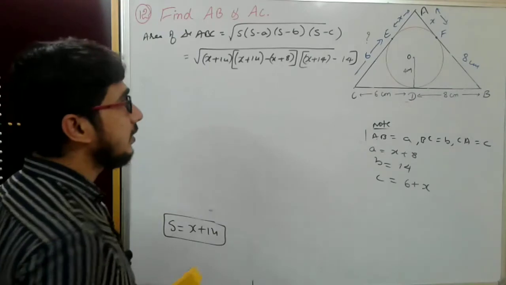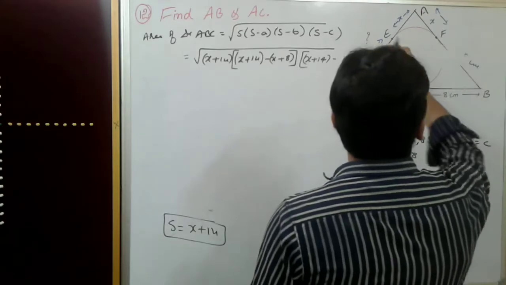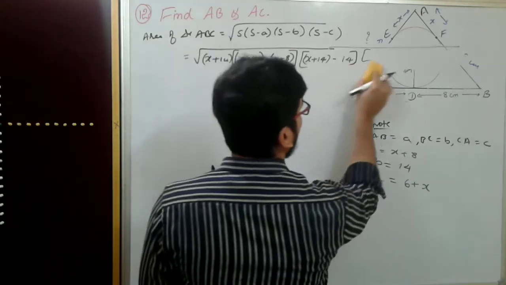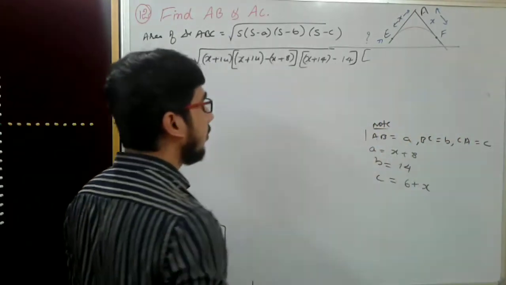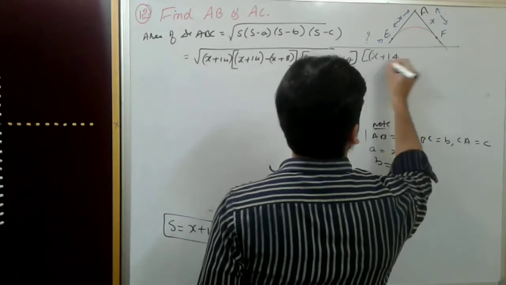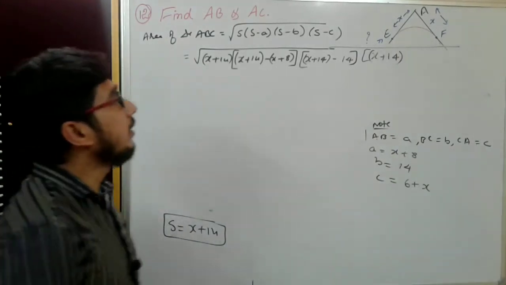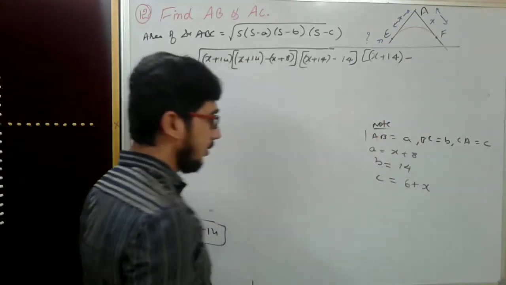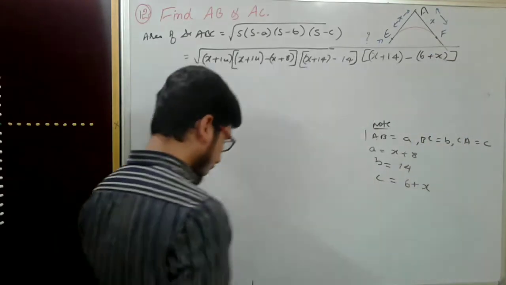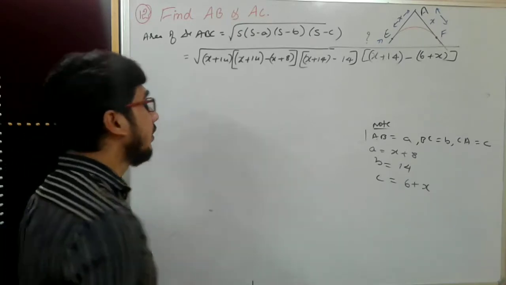Again one more, S minus C. S is X plus 14, minus C, which is X plus 6, in brackets and close it. A little lengthy, but it's simple calculation.